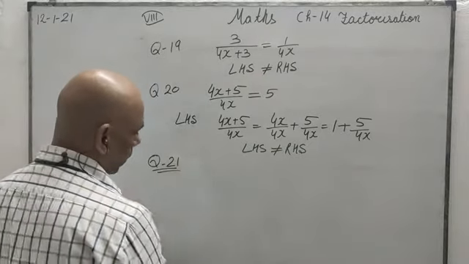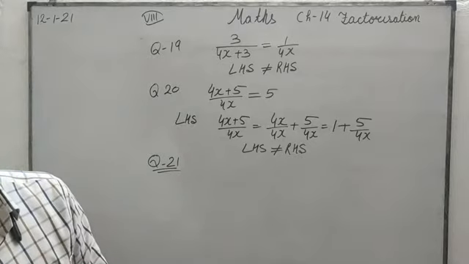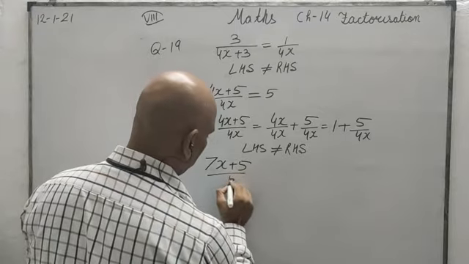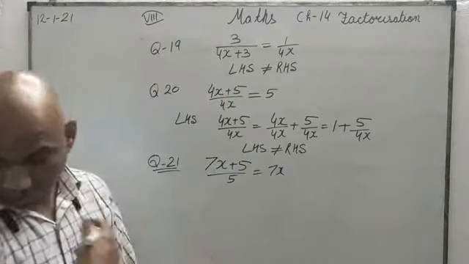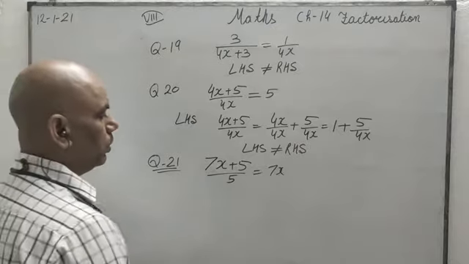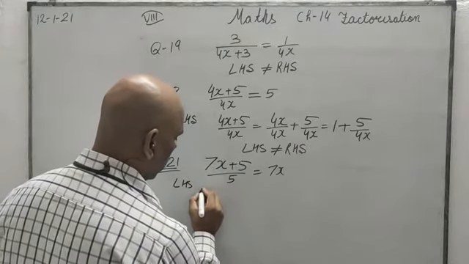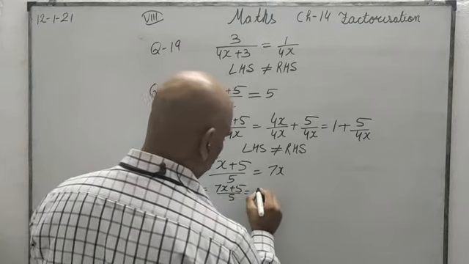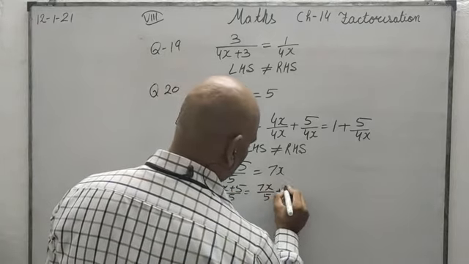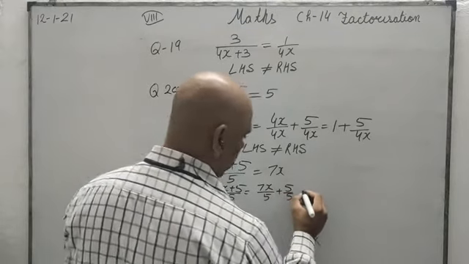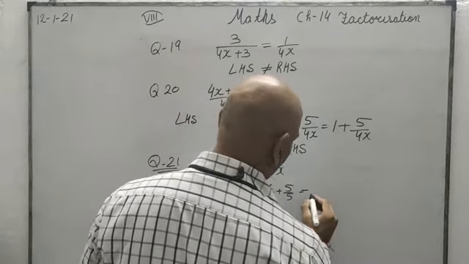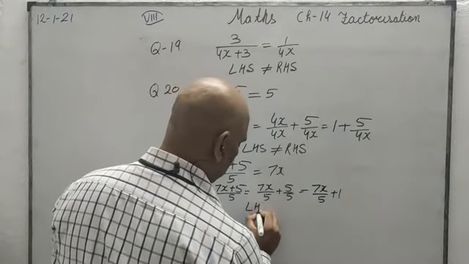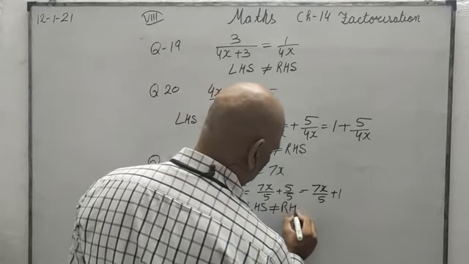Now question number 21. Question number 21 is 7x plus 5 upon 5 is equals to 7x, है ना, इस बार 5 से 5 काट दिया, बचा 7x, no that is also wrong, फिर से वही करेंगे, 7x plus 5 will be divided with both of them, 7x upon 5, 5 upon 5, this time this will be cancelled, but that will not become 0, that will remain 1, so 7x upon 5 plus 1 will be the final answer, and then LHS is not equals to RHS.